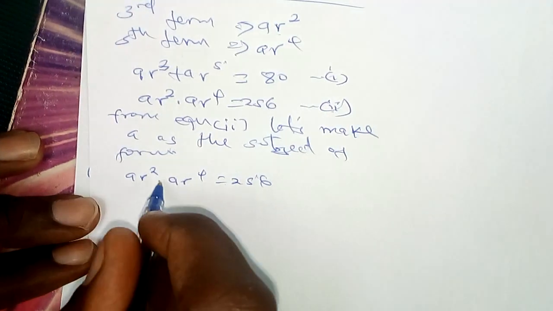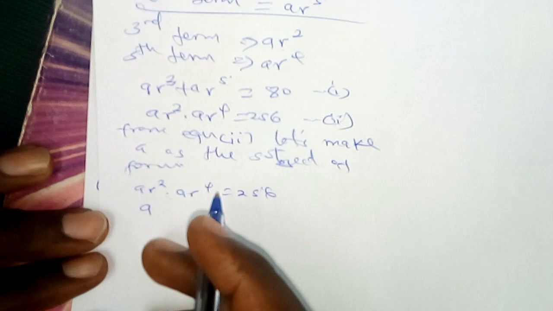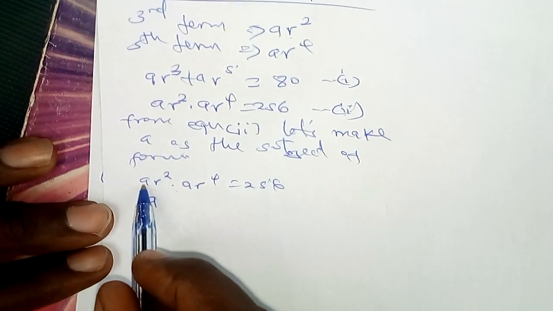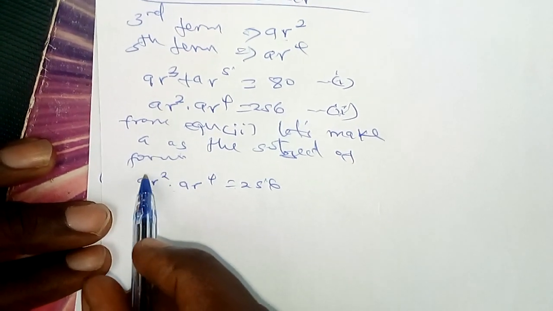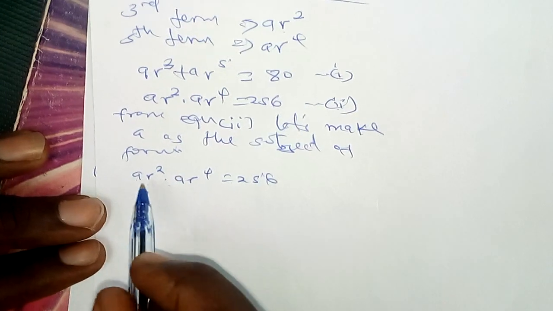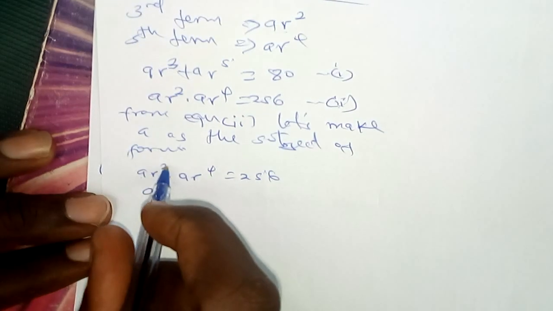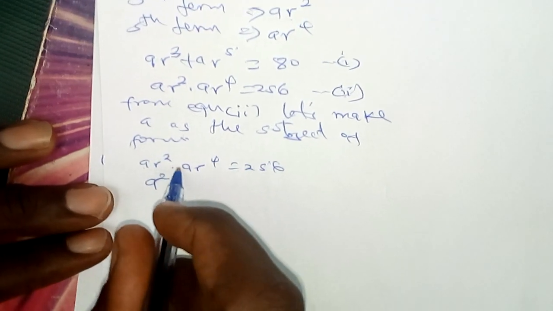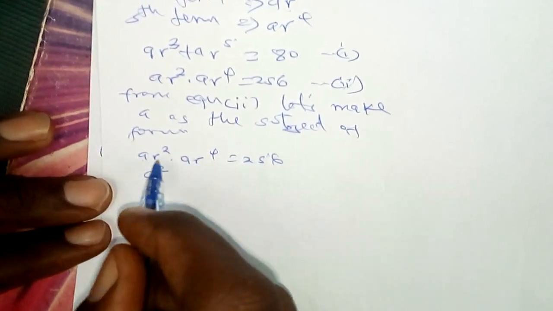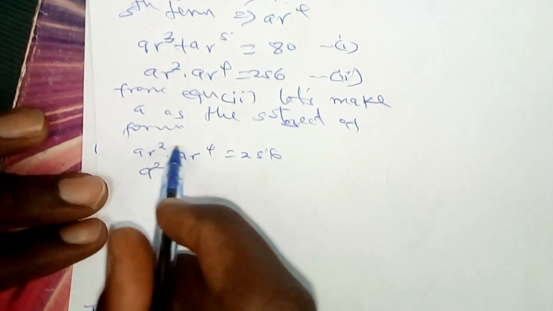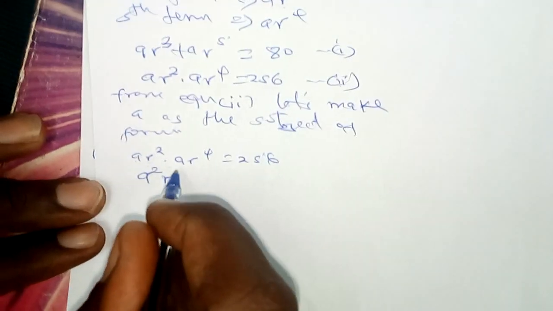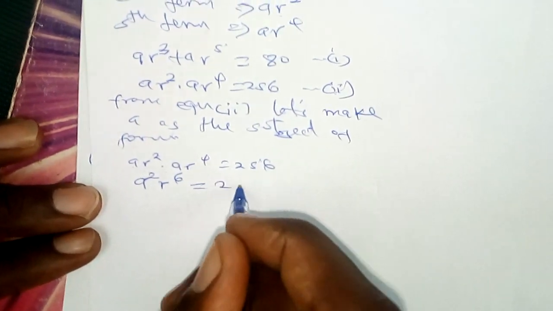So A R squared multiplied by A R raised to 4 is equal to 256. Following the law of indices, A multiplied by A is A raised to 1 multiplied by A raised to 1, so you add the powers and it will be A squared. What about R raised to 2 multiplied by R raised to 4? In terms of the law of indices, you add the powers to get R raised to 6, which is 256.